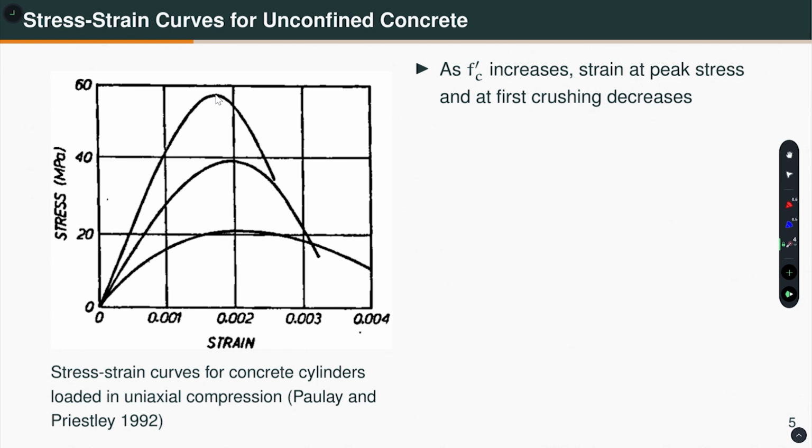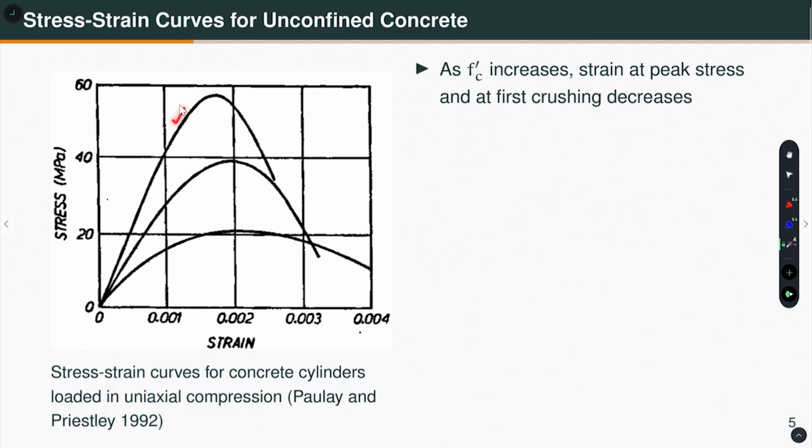First is as the strength of concrete increases, the strain at peak stress, for example, this is the strain at peak stress for this grade of concrete. This is the strain at peak stress for this grade, which is, let us say, close to 40 MPa. This is the strain at peak stress for this grade of concrete.